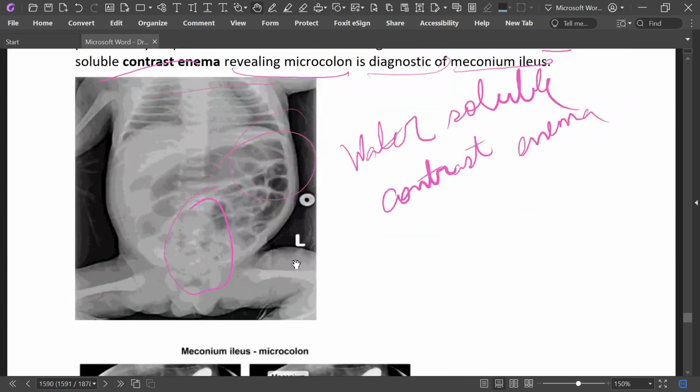But in meconium ileus, there is no narrow rectosigmoid junction.